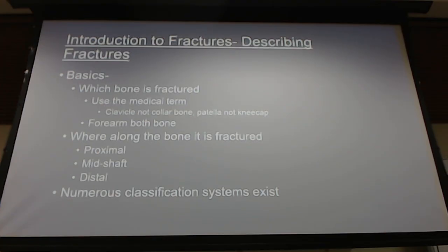Since we know the different parts of the bone, the epiphysis, the diaphysis, the proximal versus the distal part, the shaft of the bone, we describe those fractures in relation to those parts as well.